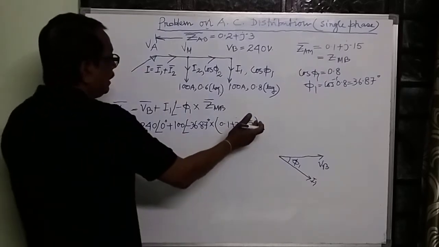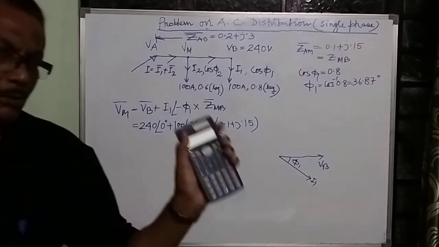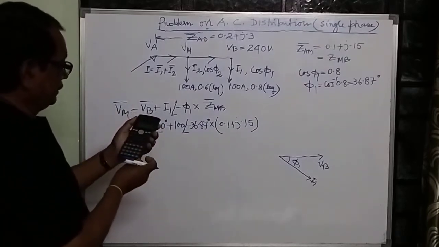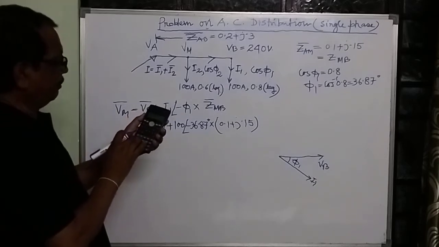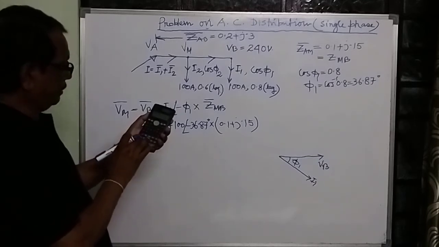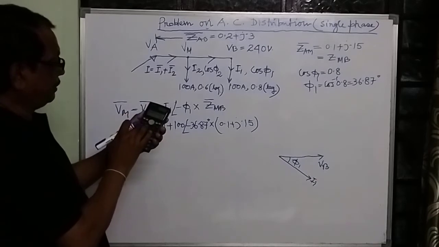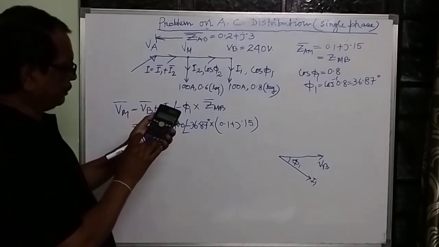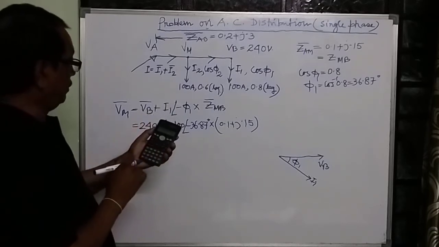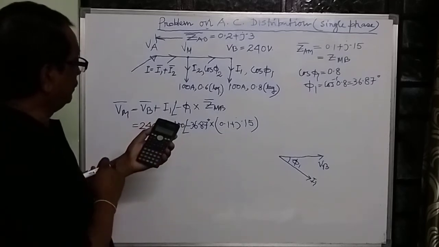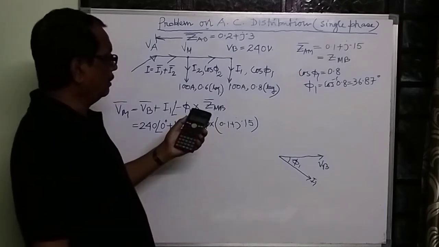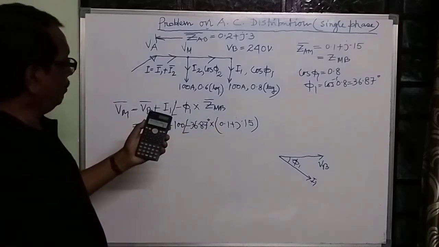Now this calculation can be done by scientific calculator. Shift angle 0 plus 100 shift angle minus 36.87 multiplied by, within bracket, 0.1 plus 0.15 j.